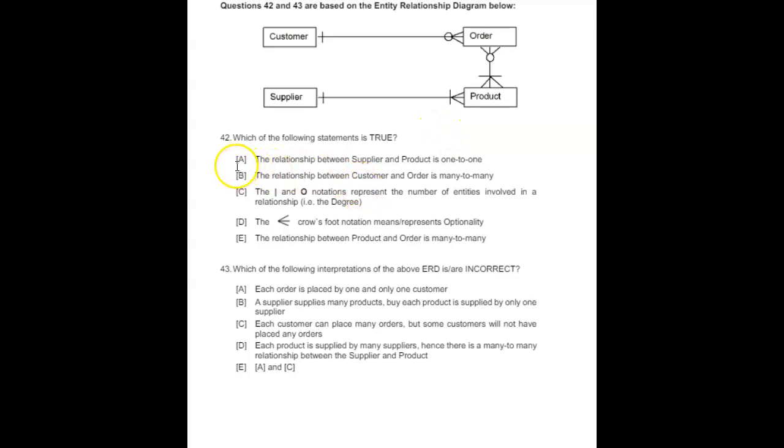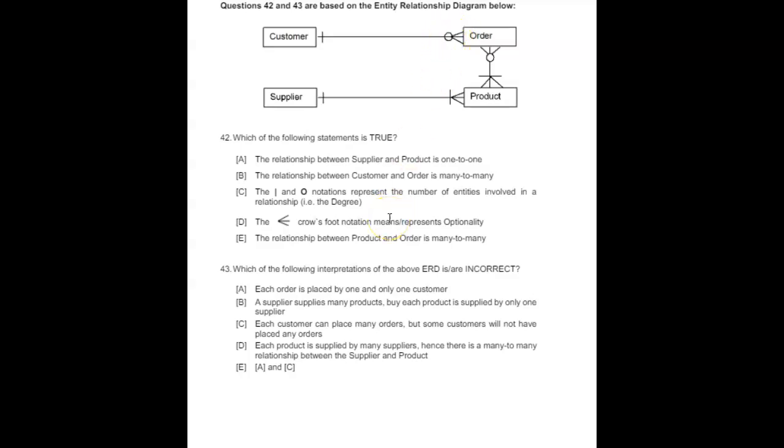Now, what is true? The relationship between supplier and product is 1 to 1, that is false, it's 1 to many. The relationship between customer and order is many to many, that's false, it's 1 to many. The crow's foot notation represents the number of entities involved, a degree? No, not a degree. Crow's foot notation means optionality? No, optionality is a 0.